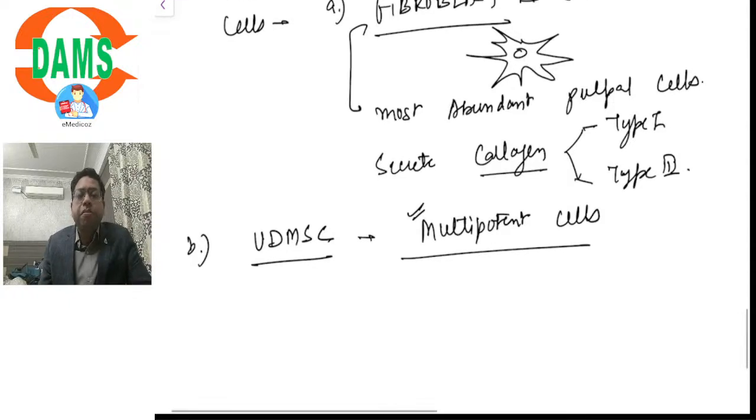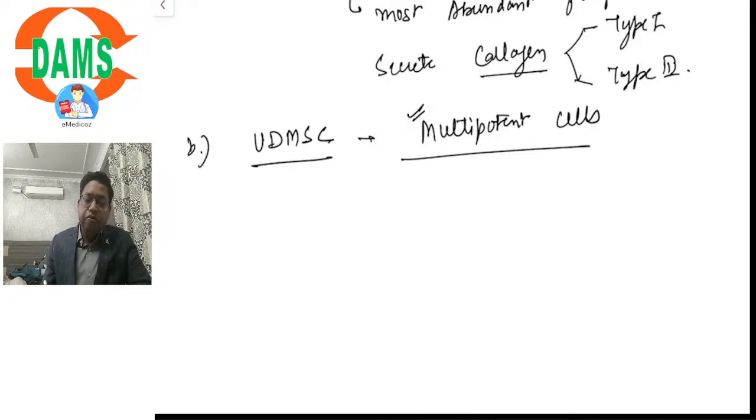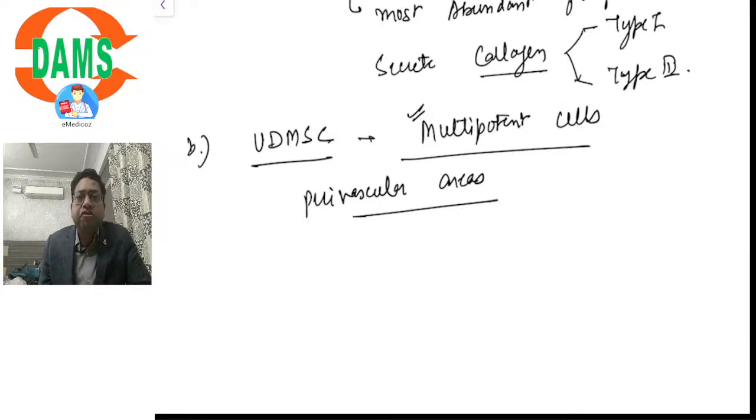They cannot form all types of cells. So what cells are present in the dental pulp? They are the undifferentiated mesenchymal multipotent stem cells. They are mostly present in perivascular areas of the pulp because they require a rich supply of nutrients.